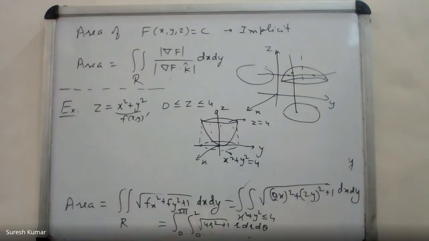After that, it's easy to simplify. I'm writing the answer of this double integral for you. Please do it yourself. Pi over 6 times (17 root 17 minus 1).